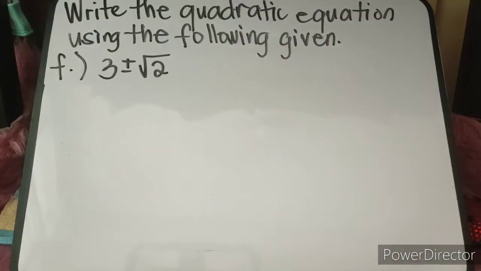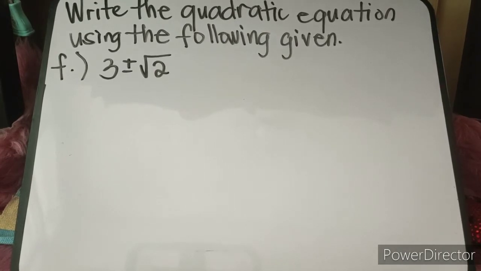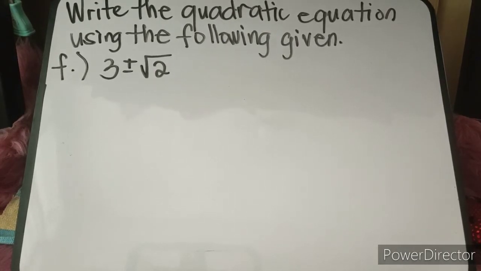Our given now is 3 positive negative square root of 2. We still have a radical sign on our roots. So again, we need to find the sum and the product since our given is roots.